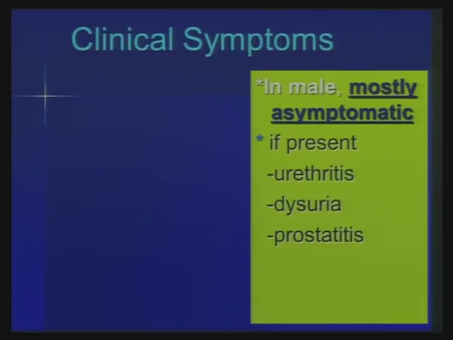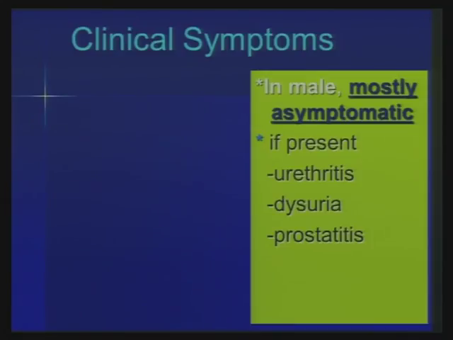For female and male, when we compare signs and symptoms, in male, mostly asymptomatic because of the anatomy. I mentioned earlier, because of the anatomy of male and female. The anatomy of female has a very good condition and good place of squamous cells for trichomonas to multiply and attach to the epithelium very easily compared with male.